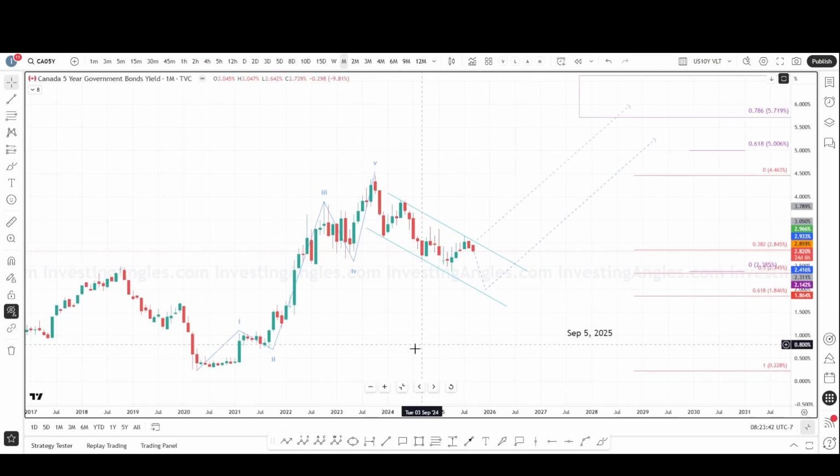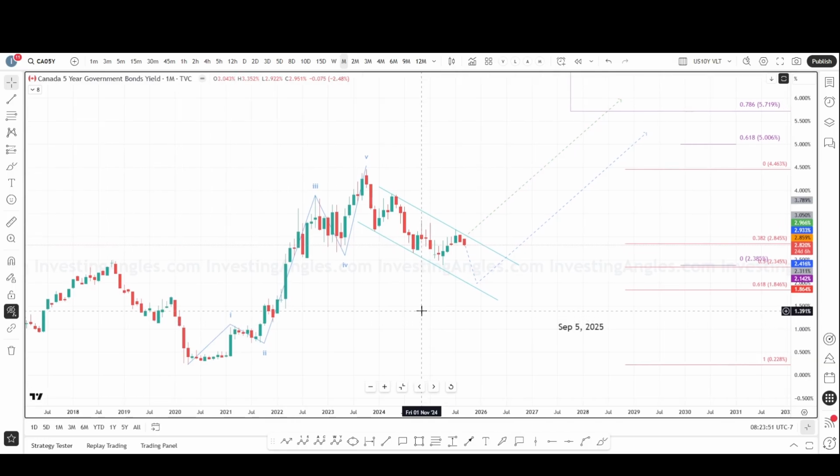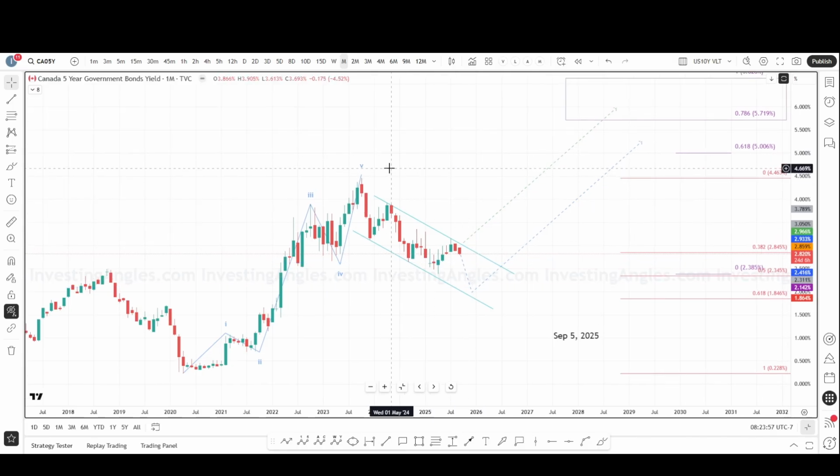The formation of the bottom in 2020 was practically the same as the one that US 10-year yield completed, and this will be a very similar formation downward too, because this wave looks corrective so far.